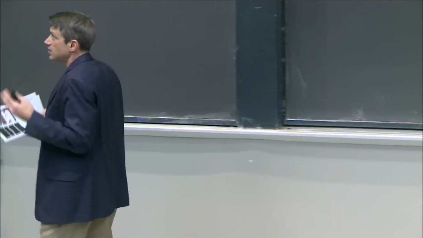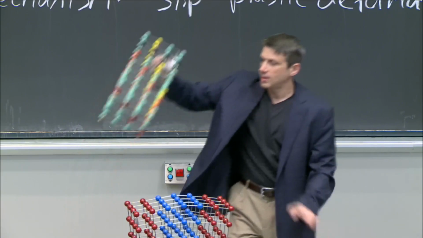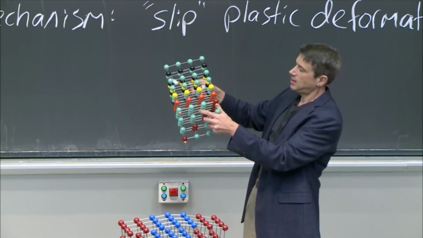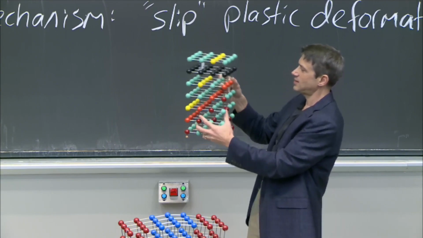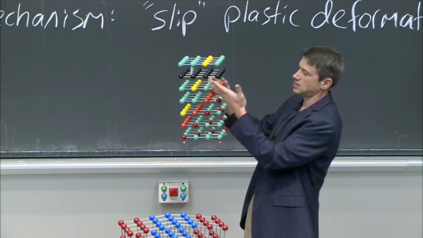This is a 2D picture of a lattice. And so you can imagine what I've done. Oh, I'm going to hand this out. I love this. I can just sit and look at this. This is so cool. So there's a cubic, you can think about it as like a simple cubic lattice.